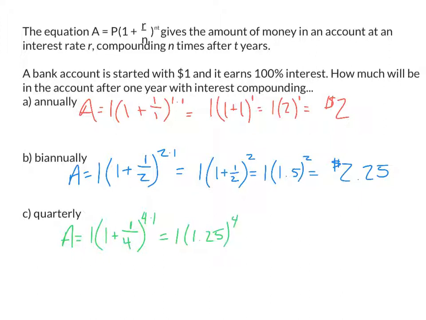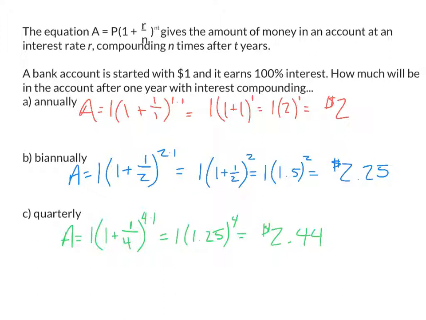So notice in our annual value, we're multiplying by 2, but only 1 time. In the biannual, we're multiplying by 1.5, which is a smaller number, but we're doing it twice. And in the final one, we're multiplying by 1.25, but we're doing it 4 times. And here, our value becomes, if we run this through a calculator, $2.44, which is even more money.